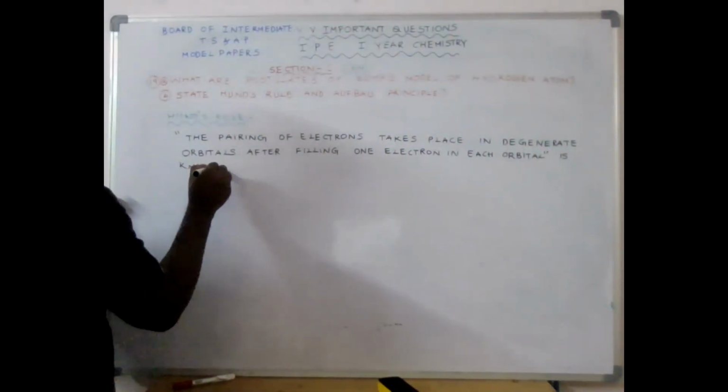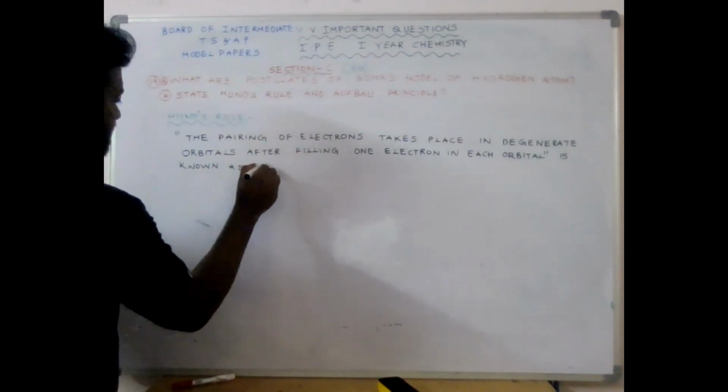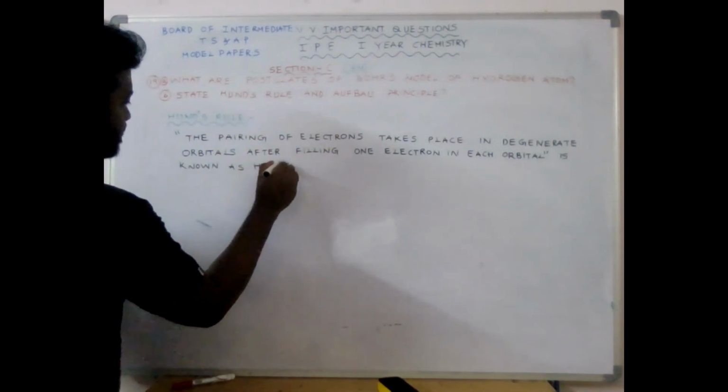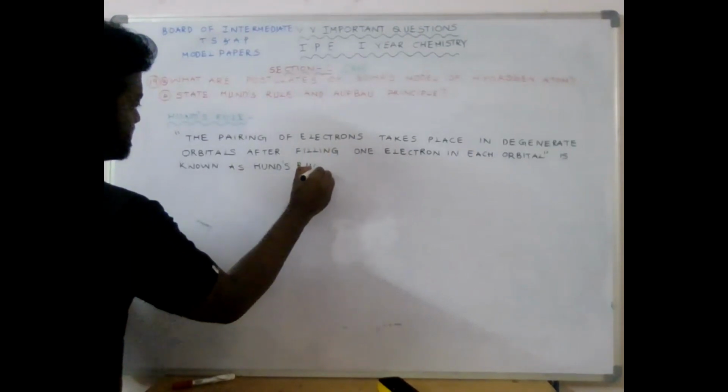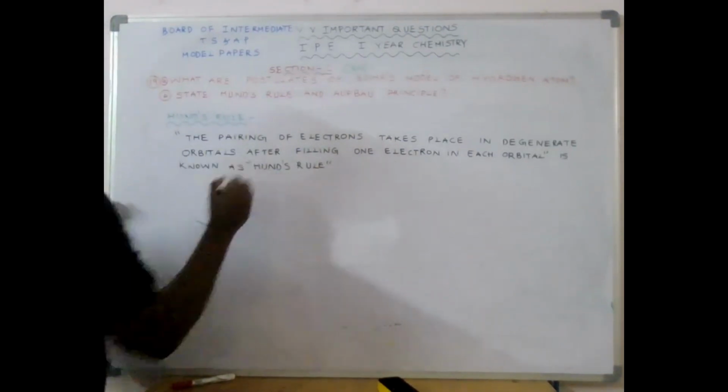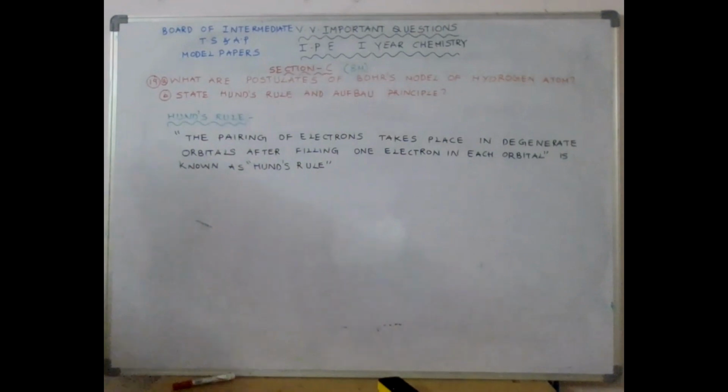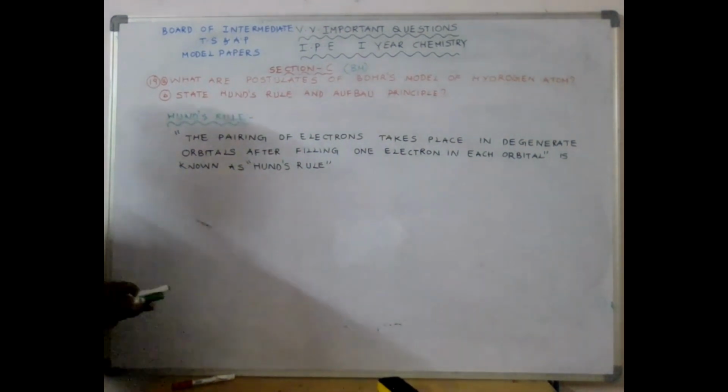Very simple, right? The pairing of electrons takes place in degenerate orbitals after filling one electron in each orbital. That is called Hund's rule.